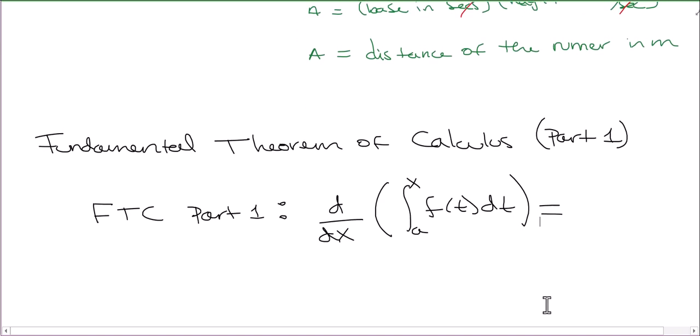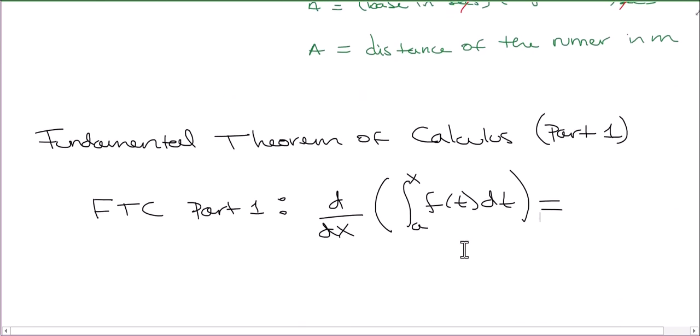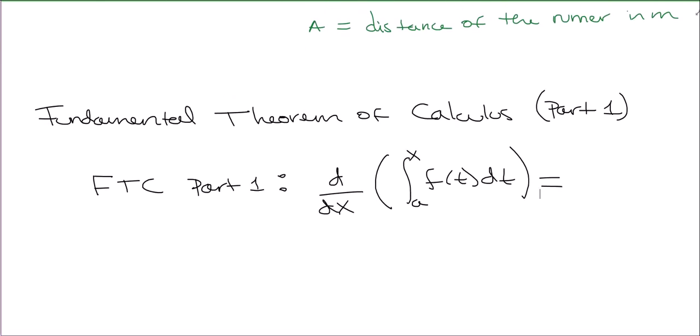Based on what we did here, we said that the area is the distance. So if f of t is the velocity, then the integral is the distance or position. When I take the derivative, it tells me the rate of change of the position or the distance. What should I get?